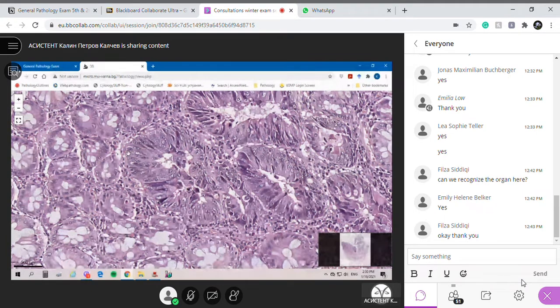Such displacement of the nuclei from their normal location at the bottom next to the basal membrane upwards to the lumen, we call this process dysplasia. So it's a dysplastic change. You know that the dysplastic change is a premalignant change. Usually, it has several degrees: low-grade dysplasia, moderate-grade dysplasia, and high-grade dysplasia.